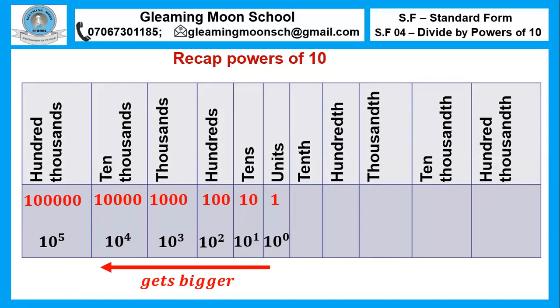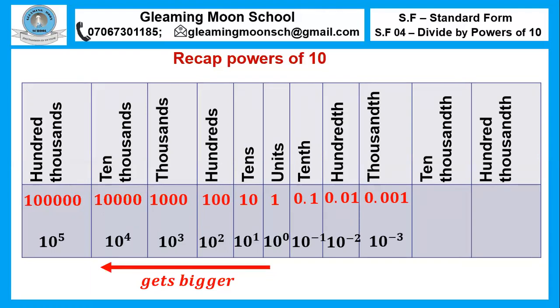So 1 divided by 10 gives you 1/10. That's the 10th place value, which is 0.1. And as a power of 10, that gives you a power of -1. Now to move to 100th, you divide again by 10, which would give you 0.01 and a negative power of 2. To move to 1,000th, you divide again by 10, and that gives you 0.001 and a negative power of 3.